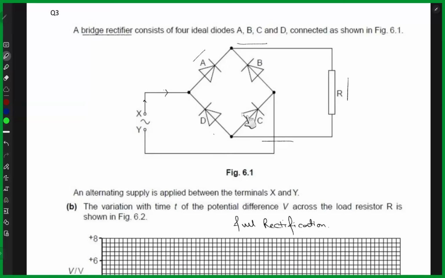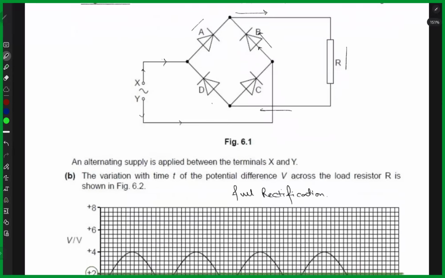If you change the direction, make it opposite, then you can see that it goes over here, follows this path, and then again goes through the resistor in this path.